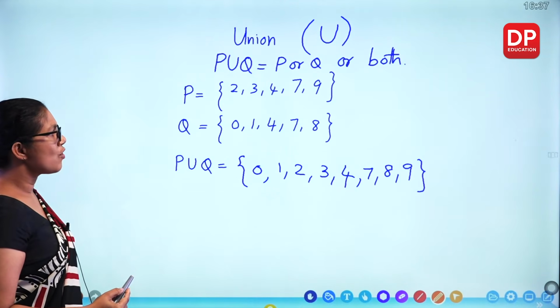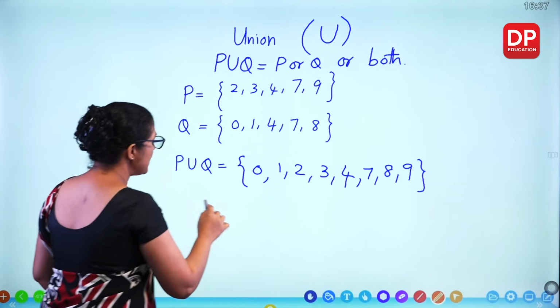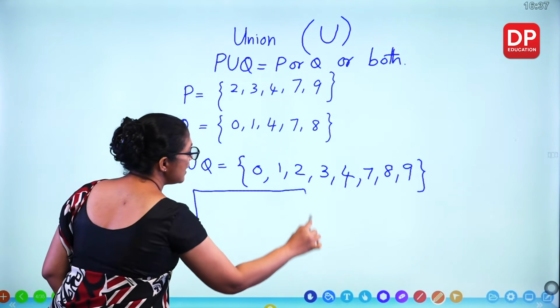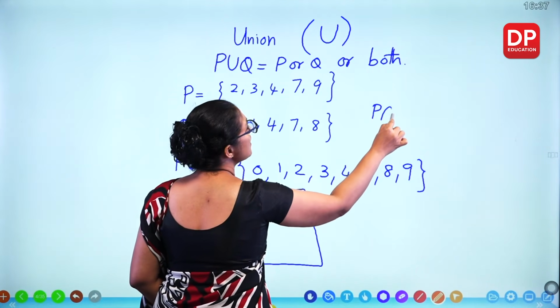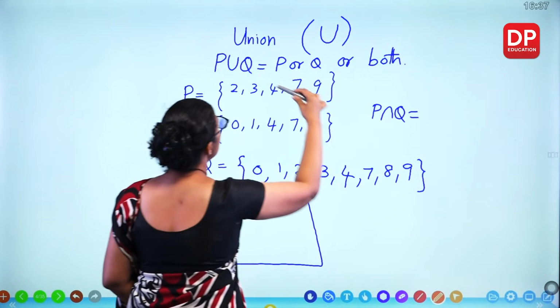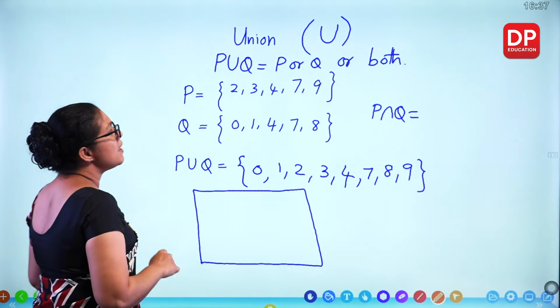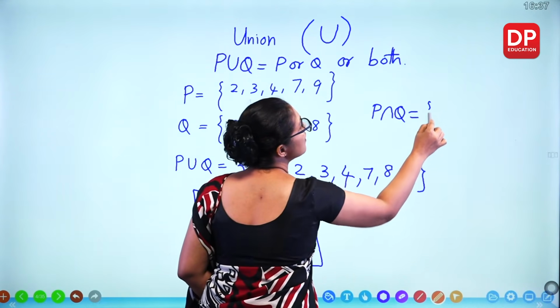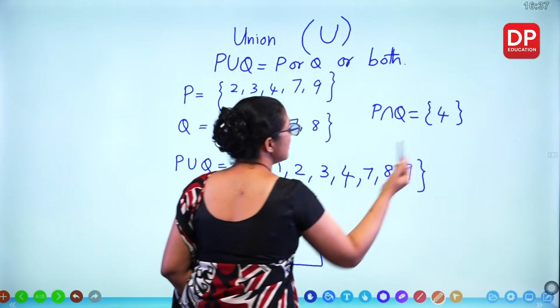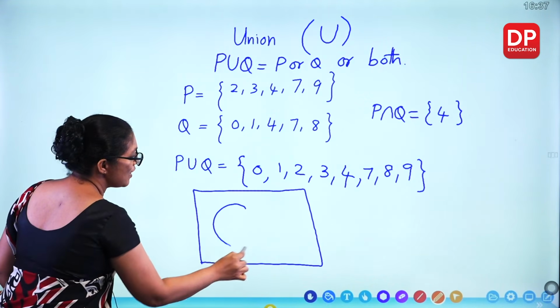Now how can we draw the diagram? To draw the diagram, you need to know the intersection as well. From the previous part, you know the intersection, the common elements for both. You can see 4 is common. Now try to draw the Venn diagram.